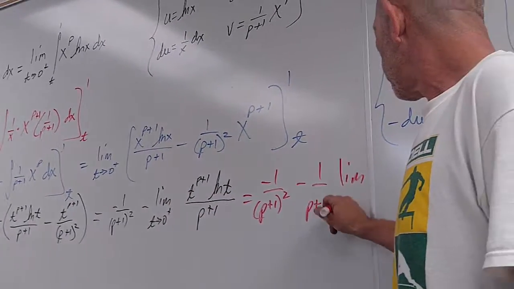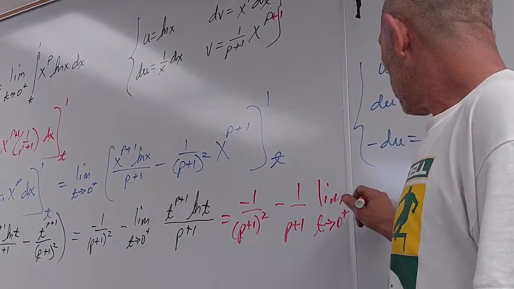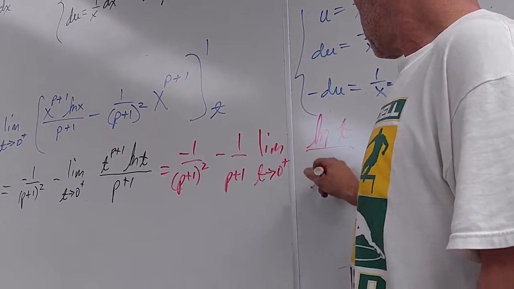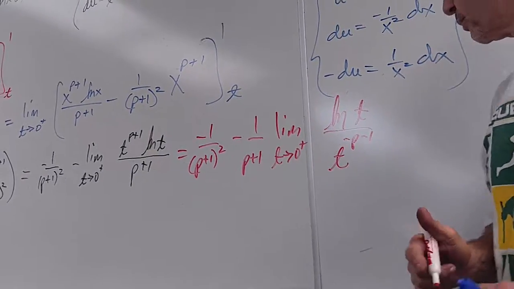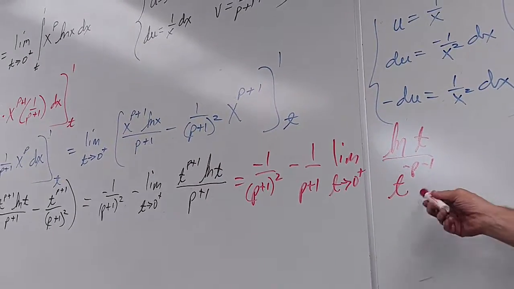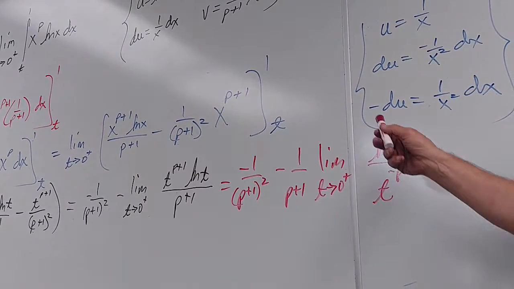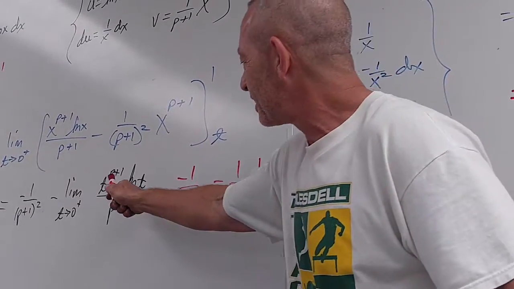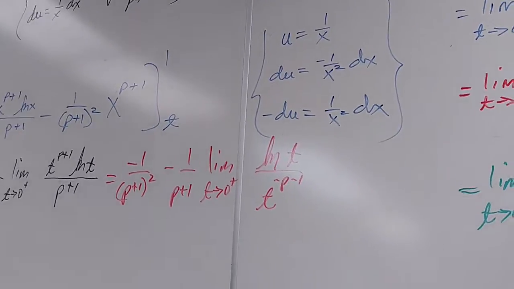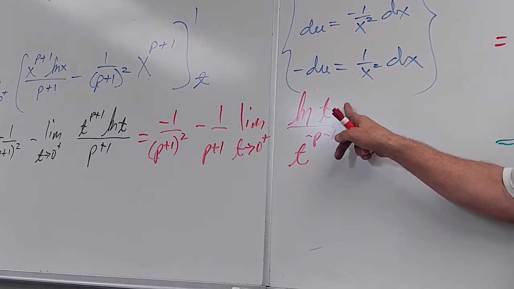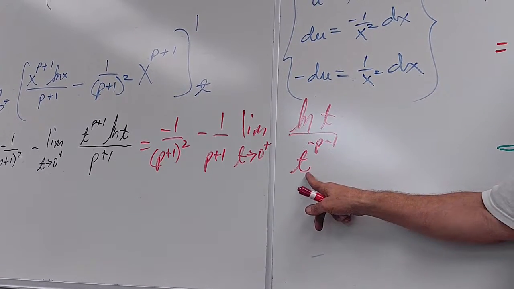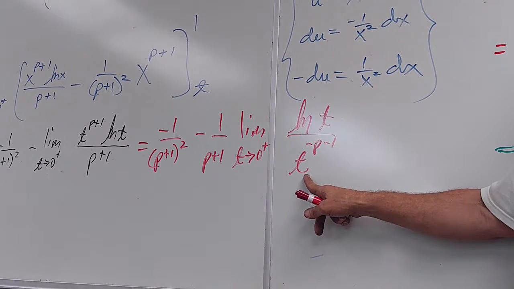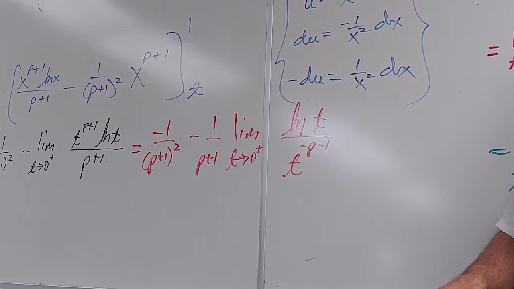Limit as t goes to 0 from the right, and we're looking at ln t over t to the minus p minus 1, right, because t to the minus p minus 1 in the denominator is t to the p plus 1 in the numerator. Now if we plug in 0, what do we have here? Negative infinity, and what do I have here? 0, well, do I really have 0 there?